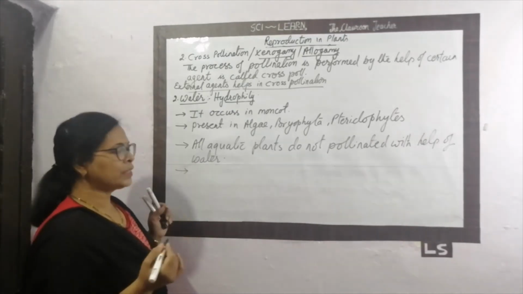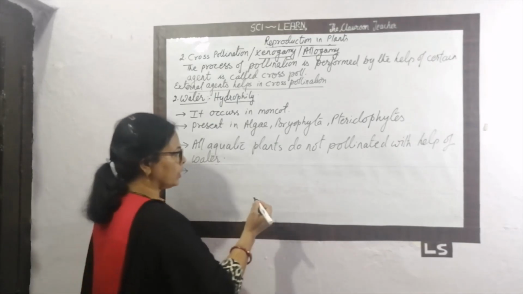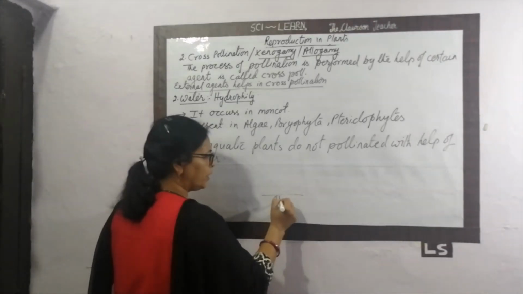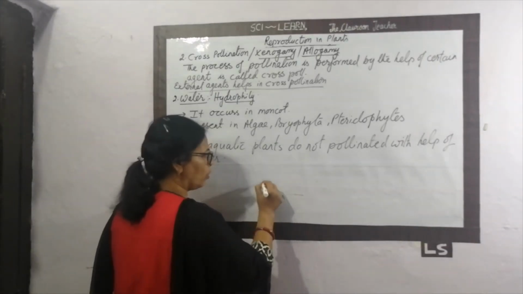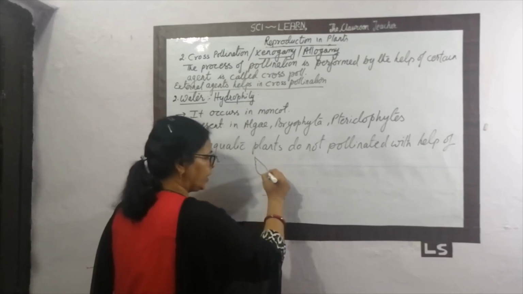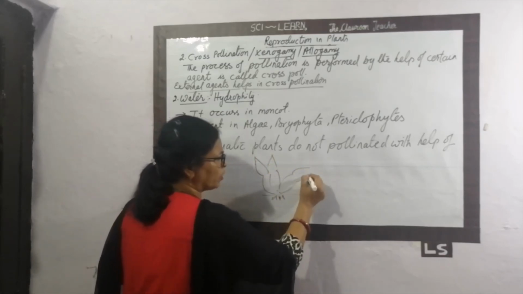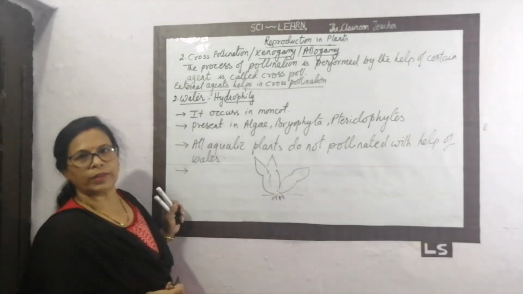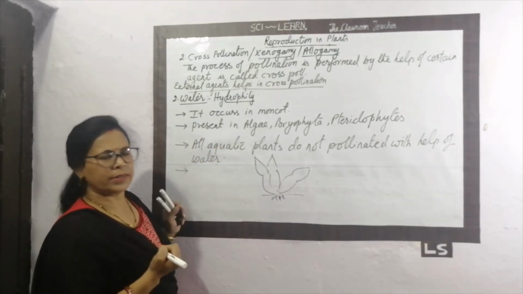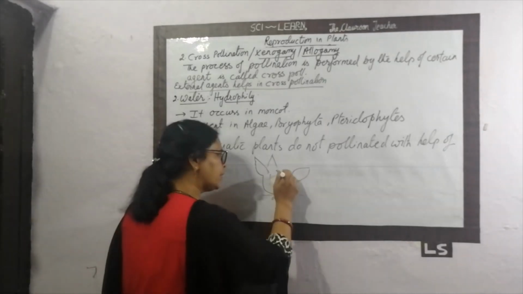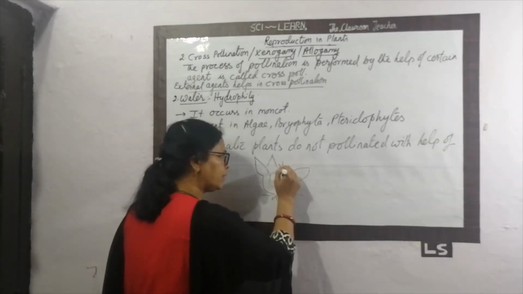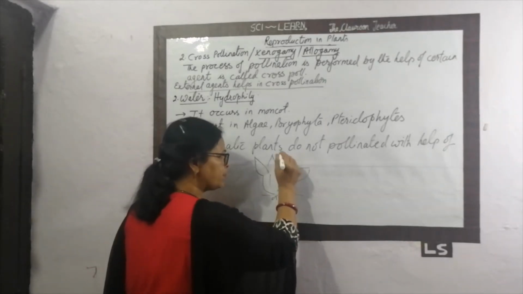The best example is water hyacinth, that is called jal kumbhi. It is visible near waterlogged places in your area, go and see it. It is very common in water bodies. Okay, this is the water hyacinth. Water lily is also an example. The flower is like this, in inflorescence form.